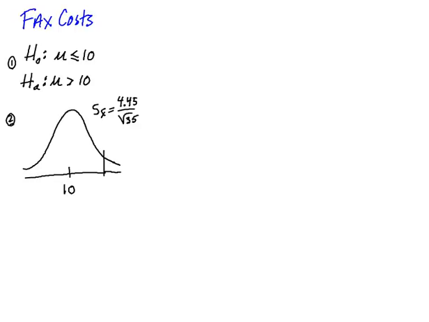Also, this is an upper tail test. We're seeing if we can show that the average is above 10, so that would be on the upper end if we get a sample greater than that.